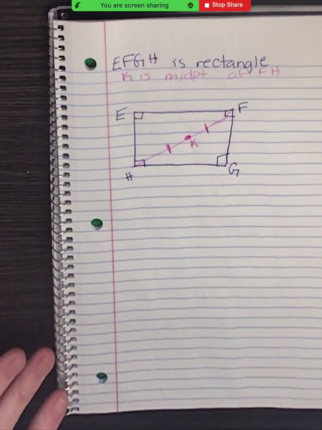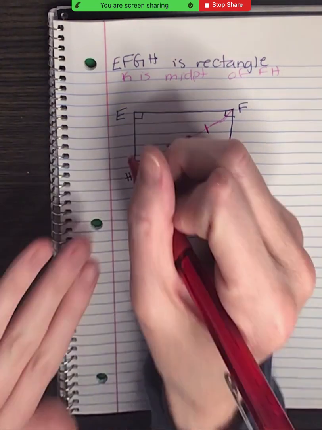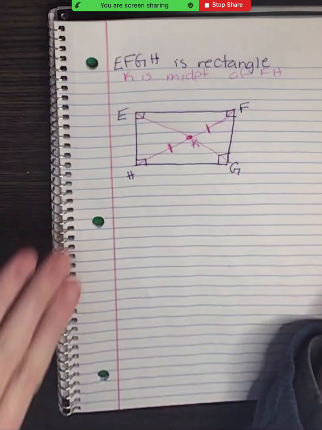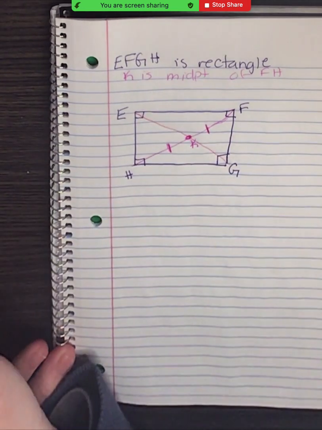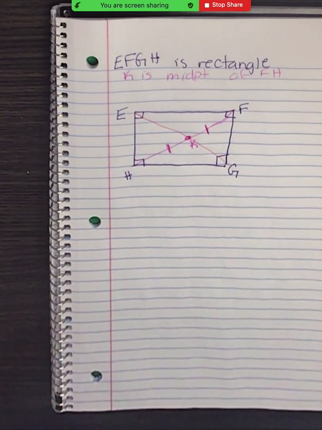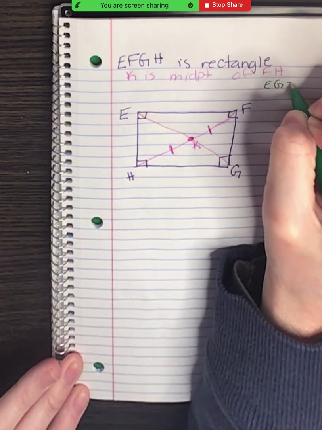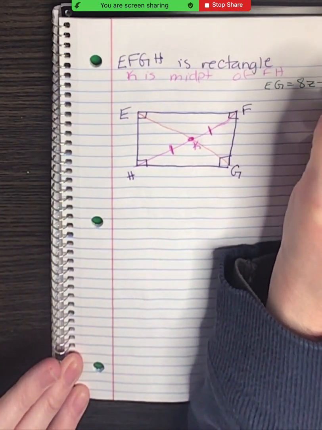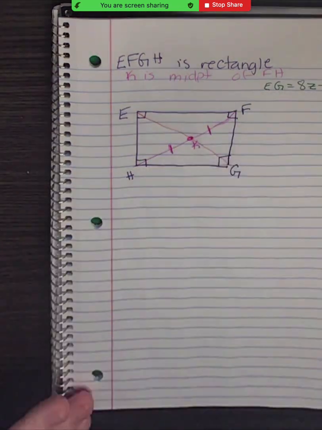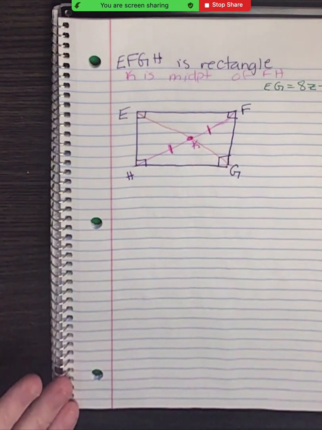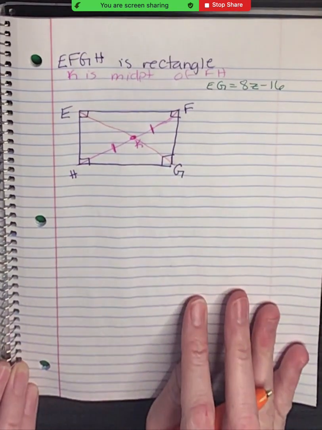Let's draw in EG. Then you're told that EG is 8z minus 16. We're going to be able to find EK and GK.